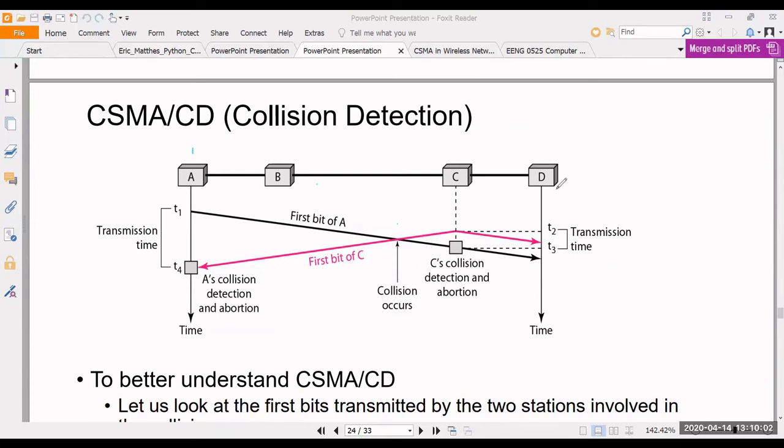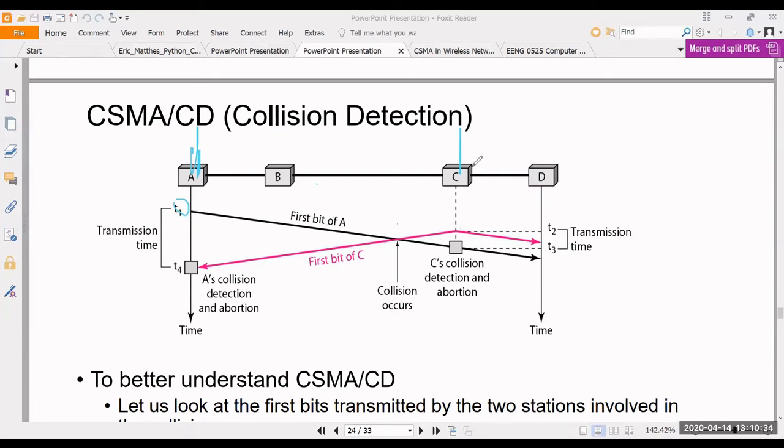They want to transmit, but this is collision detection. Let's say A has a frame to send, and also C has a frame to send. A transmits onto the line at a certain time, T1. A frame is just a collection of bits, so A starts by putting the bits onto the line.